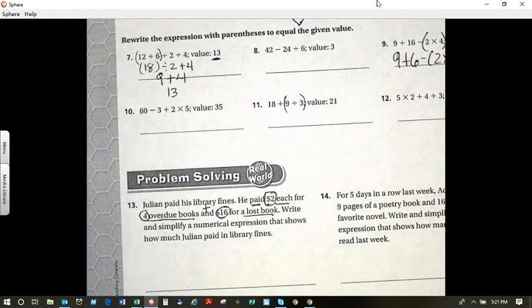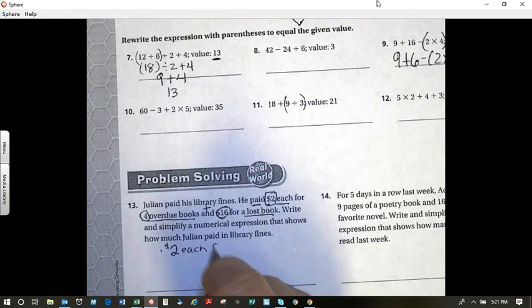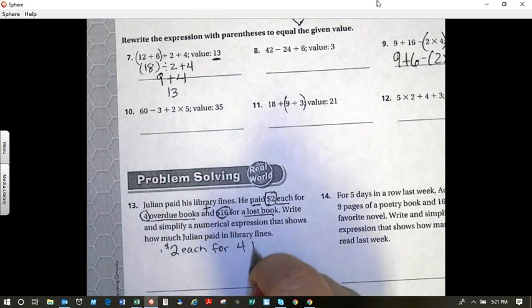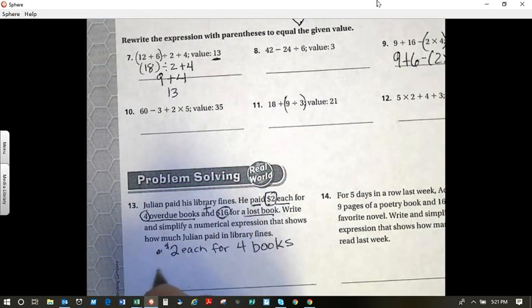Okay, so now what are we going to show? We have $2 each for 4 books. And then our next bullet is $16 for a lost book.